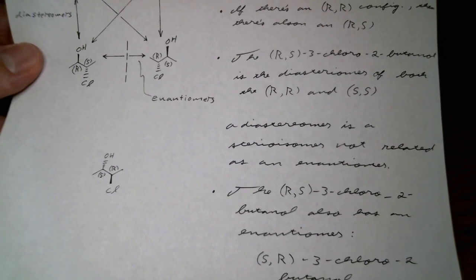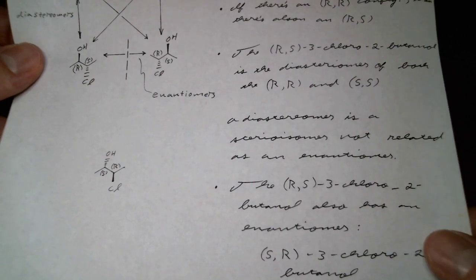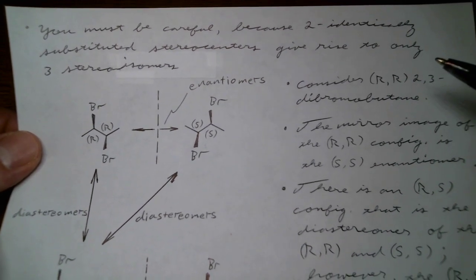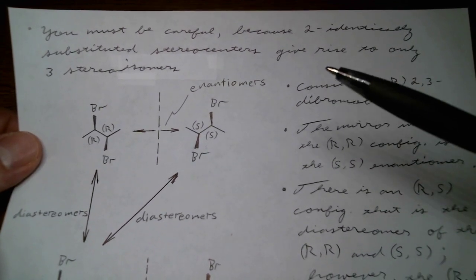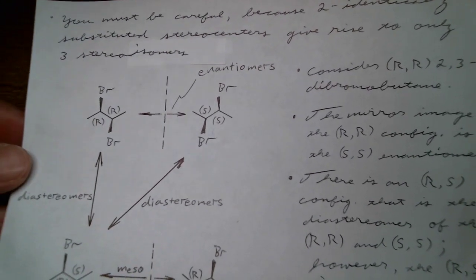What shall we do next? We shall consider molecules that have identical substitution and see what effect that has. You must be careful because two identically substituted stereocenters give rise to only 3 stereoisomers.